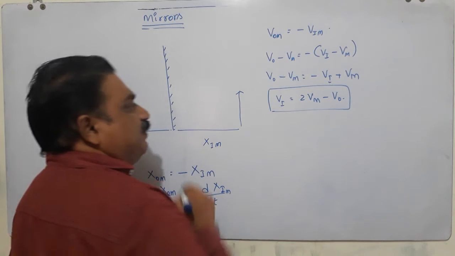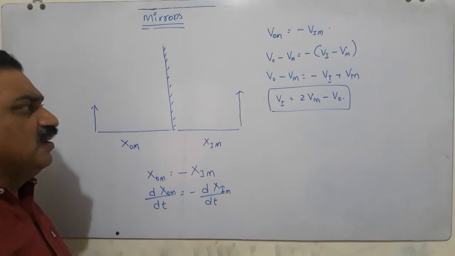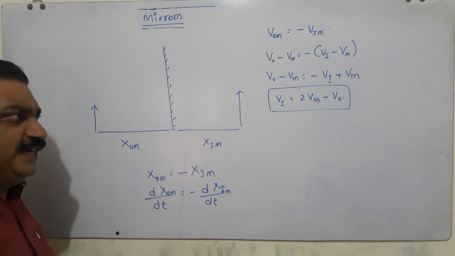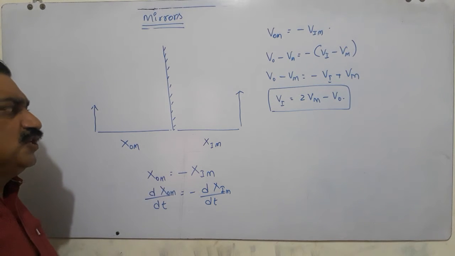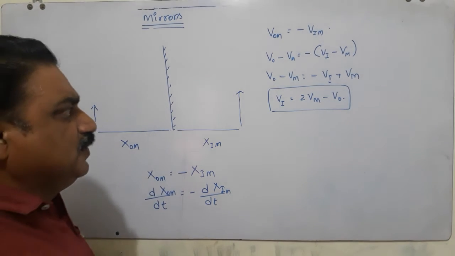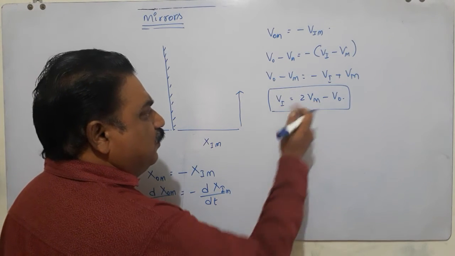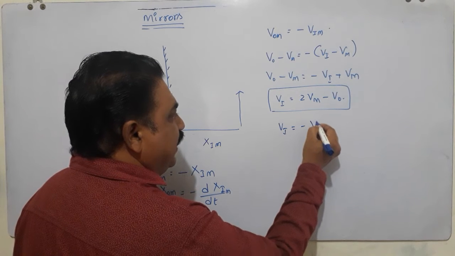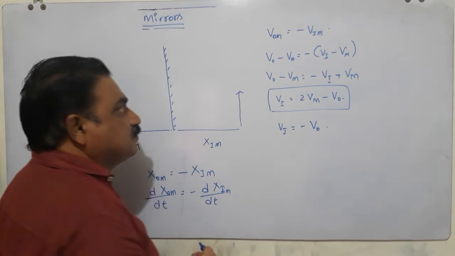This is the relation between the velocity of the image and the velocity of the object along with the motion of the mirror. If the mirror is at rest, Vm will be equal to 0. Therefore, you will get Vi is equal to minus V0.